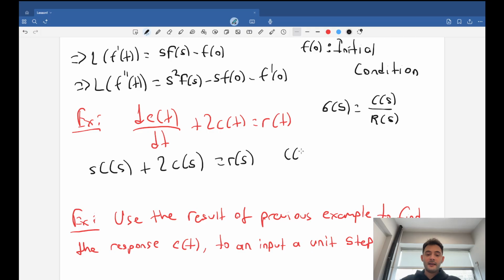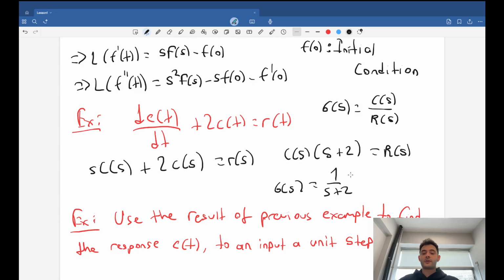We have C(s) times (s plus 2) equals R(s). And taking this s plus 2 down, R(s) over s plus 2, we have our G(s) equals 1 over s plus 2. That's the whole thing. That's the most basic example you can see on this topic.